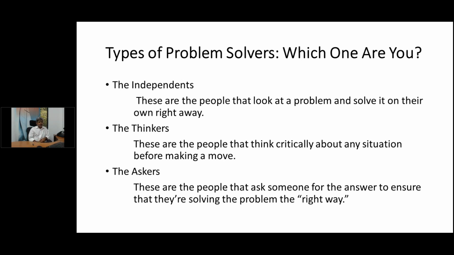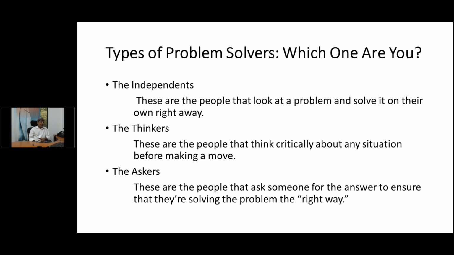Then the thinker. These are the people that think critically about any situation before making any decision. They are the interesting people, the critical thinkers. They think of the problem in a different way, a novel way. There are problems and there are solutions, and the solutions are many.